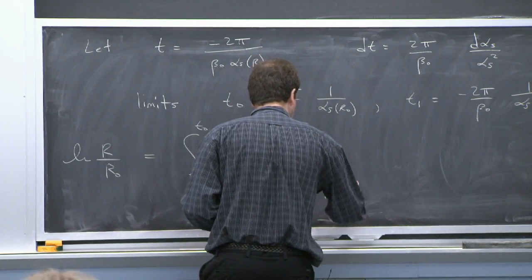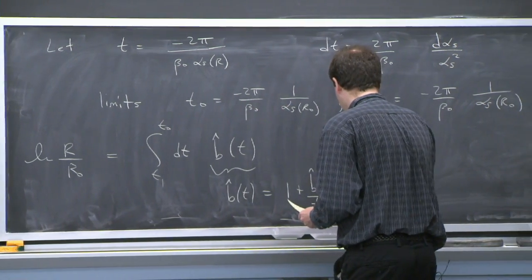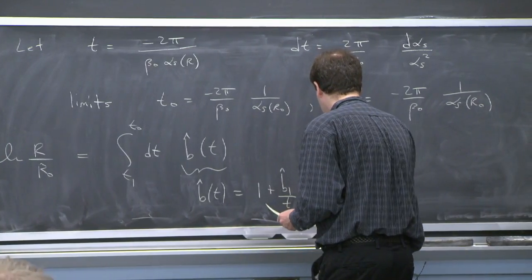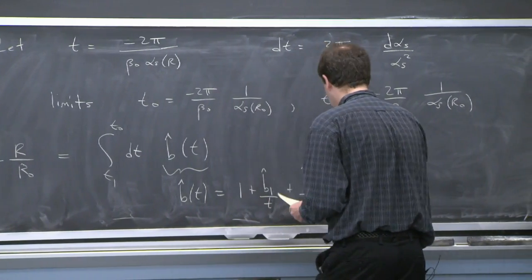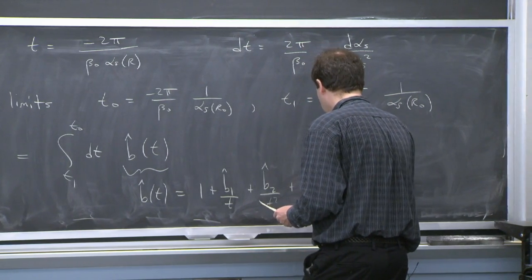If I do that, this is the form of the result. This is just a Laurent series in 1 over t.